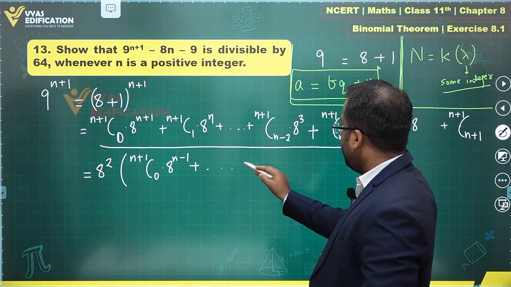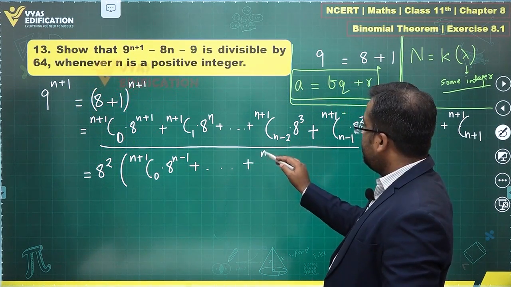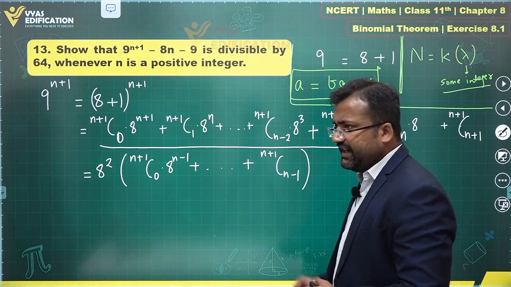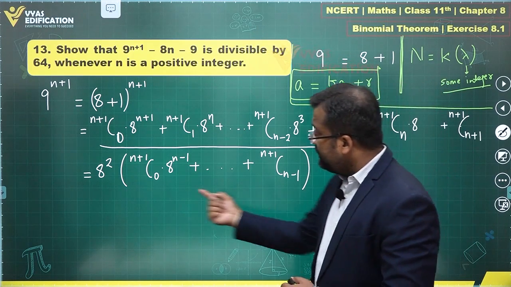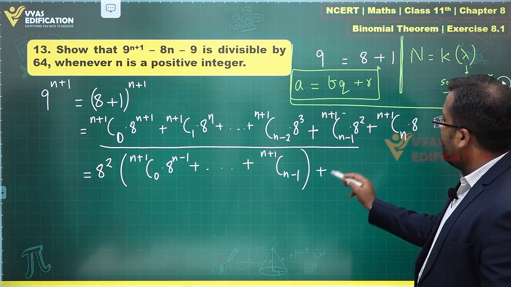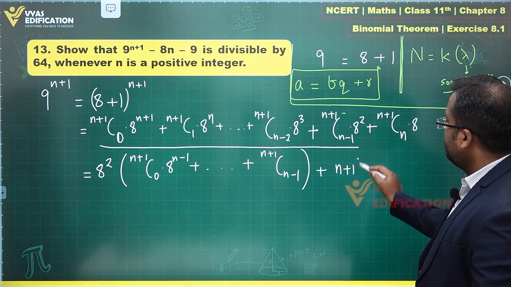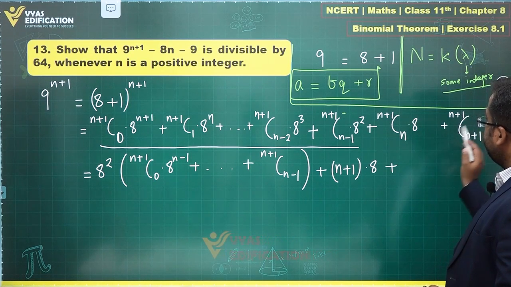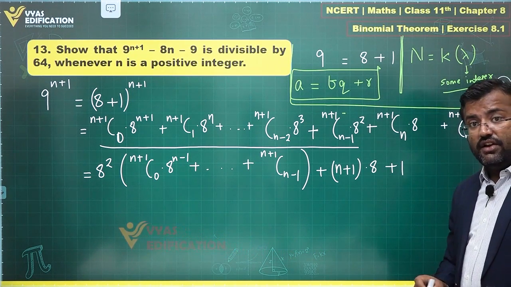The last term that you'll have is n+1 C n-1, and this also is an integer, right? So all of these will be positive integers. Plus you have n+1 Cn, which is (n+1) times 8, and plus you have n+1 C n+1, which is 1, right?